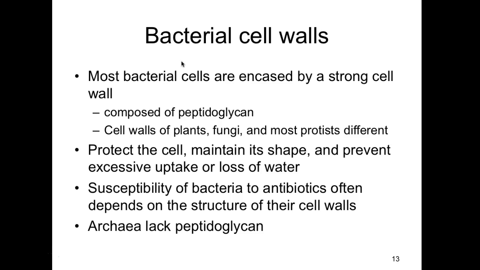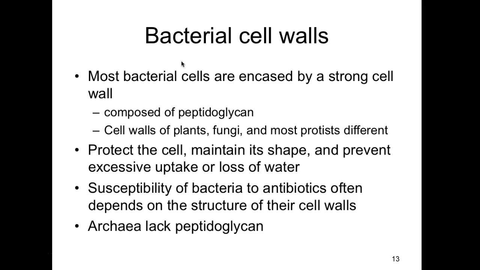Bacteria cell walls themselves: most bacteria cells are encased by a strong wall composed of peptidoglycan. Peptidoglycan is not in the cell walls of plants, fungi, and most protists, which are going to differ in that sense. It's going to protect the cell, help maintain its shape, and prevent excessive uptake or loss of water.